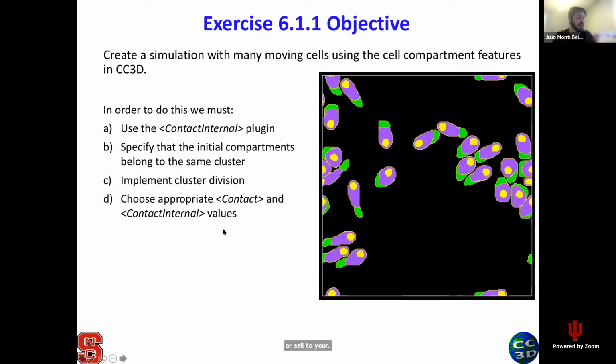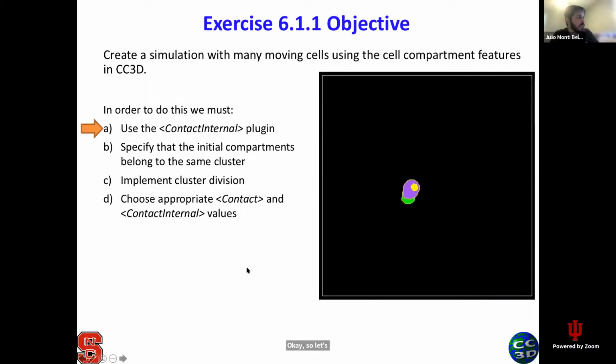Once the cells start dividing and you have more than two cells crawling and interacting, you have to choose the appropriate contact and internal contact energy values. So let's go to our first exercise, the use of the contact internal plugin. Is everybody ready?